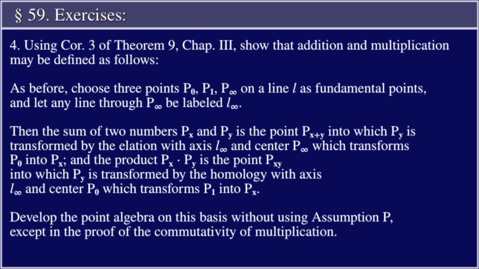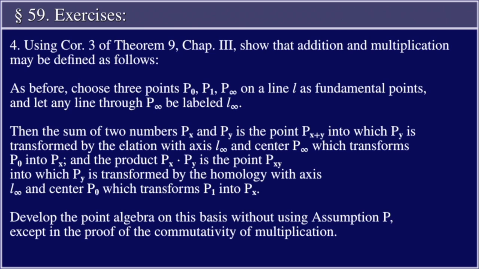Then the sum of the 2 points, Px and Py, is the point P(x+y), into which Py is transformed by the elation with axis L infinity and center P infinity, which transforms P0 into Px, and the product Px times Py is the point Pxy, into which Py is transformed by the homology with axis L infinity and center P0, which transforms P1 into Px.